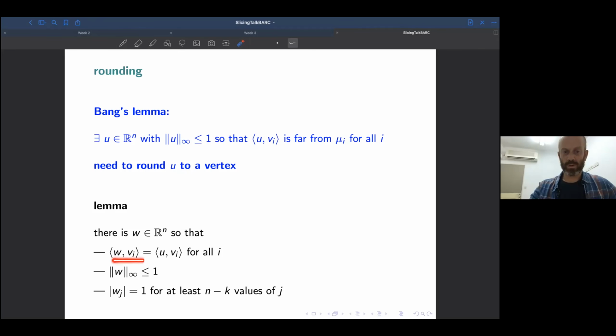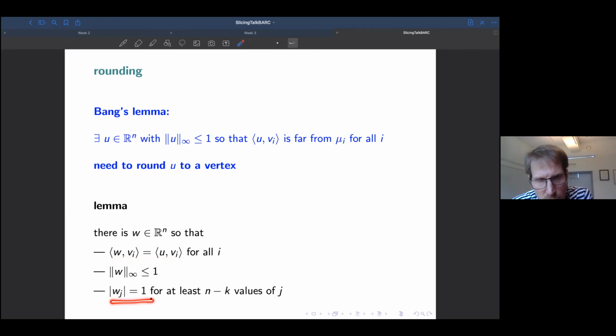So w is like u in the sense that all inner products are the same. W is still in the cube, but many coordinates in w are 1 or -1. So it's like in a low dimensional cube somewhere.